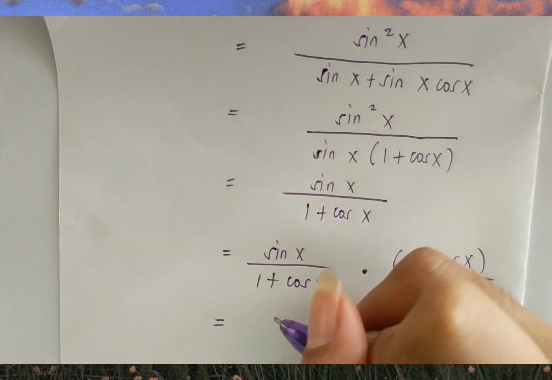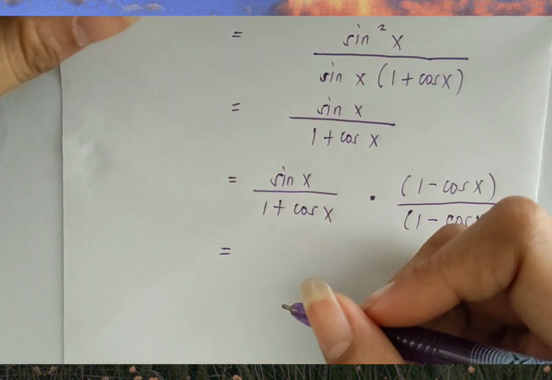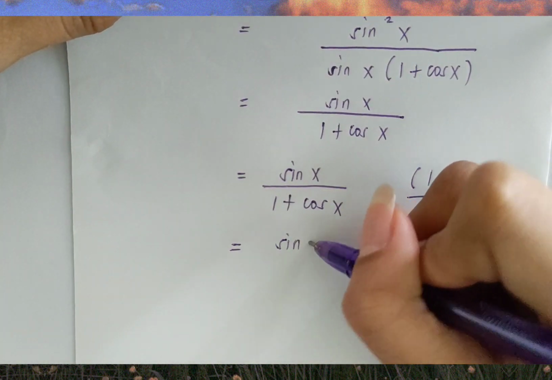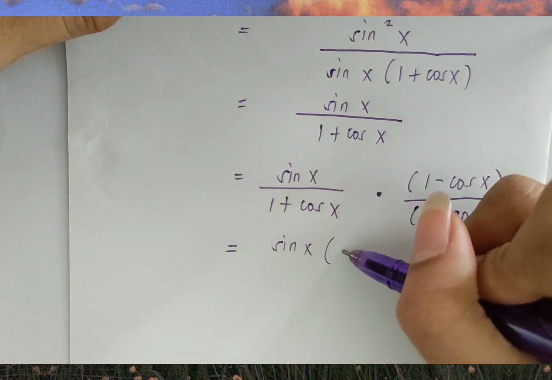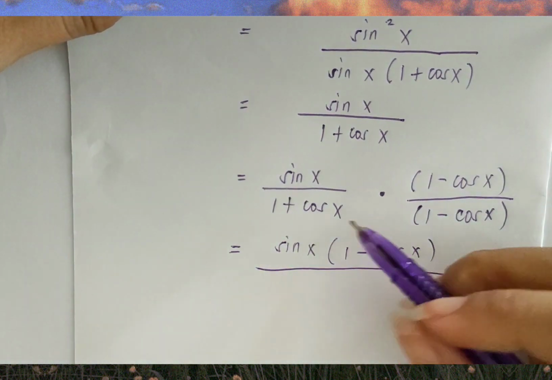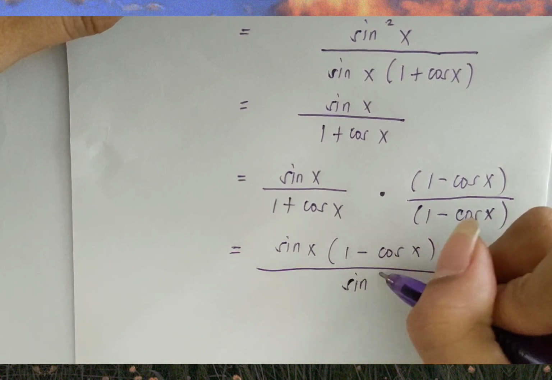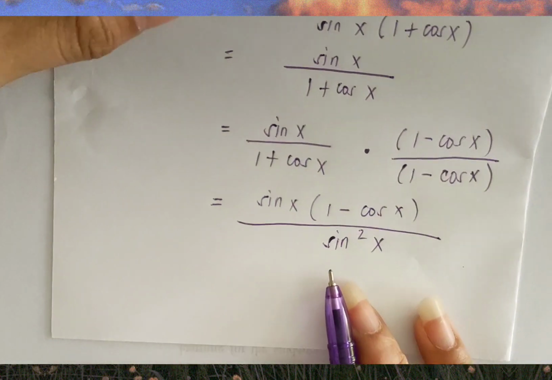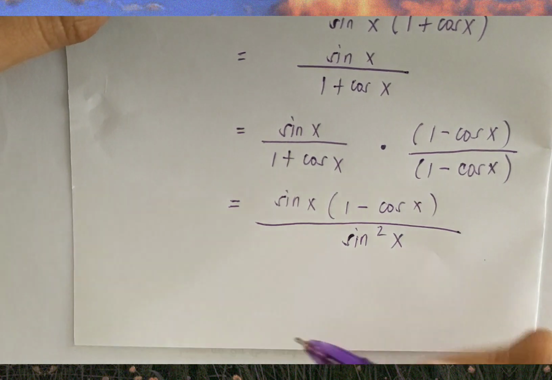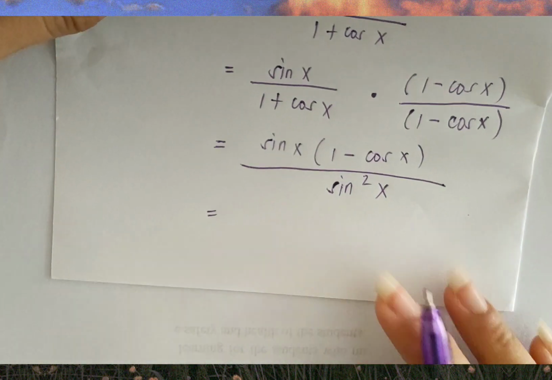Okay, so we have sine x times 1 minus cosine x all over sine squared x. Next, Pythagorean identity.